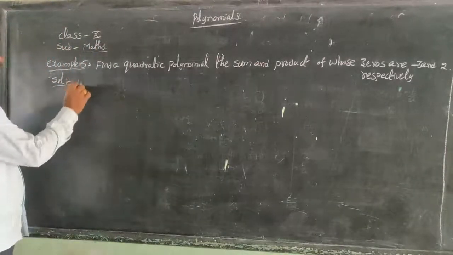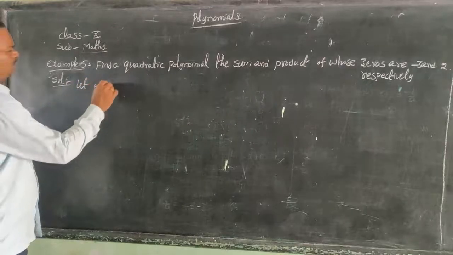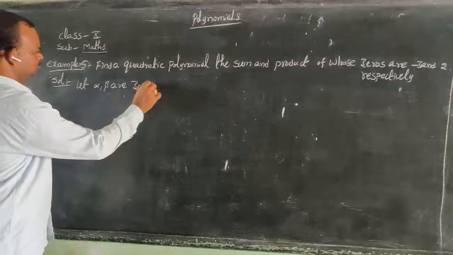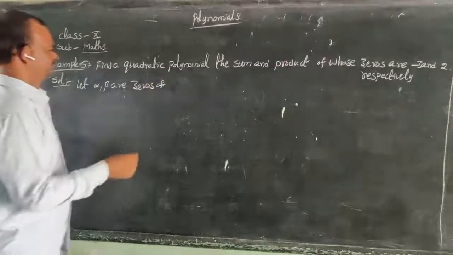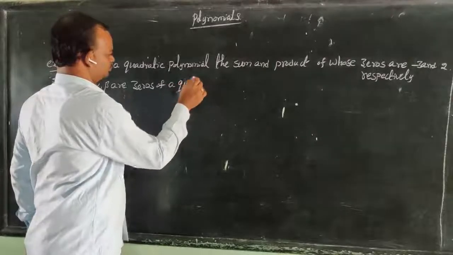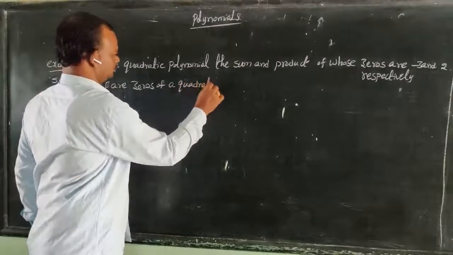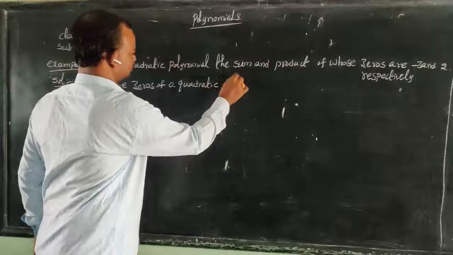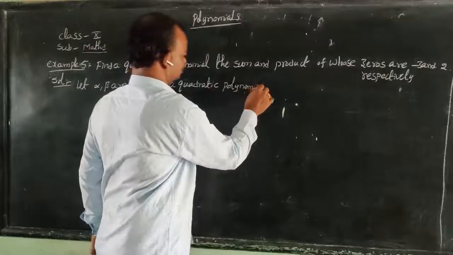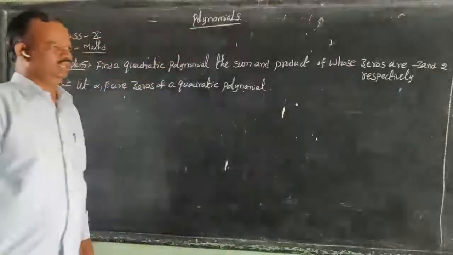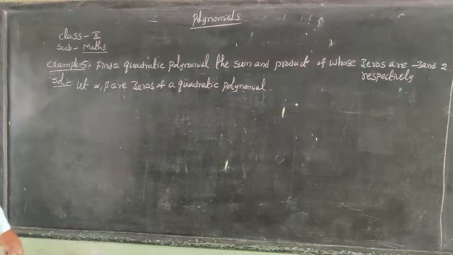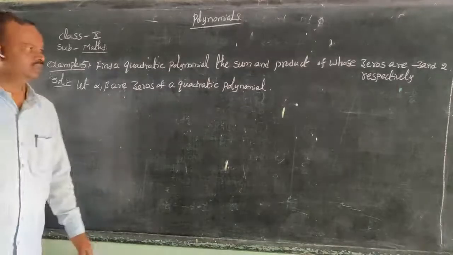Let alpha, beta be the zeros of a quadratic polynomial.